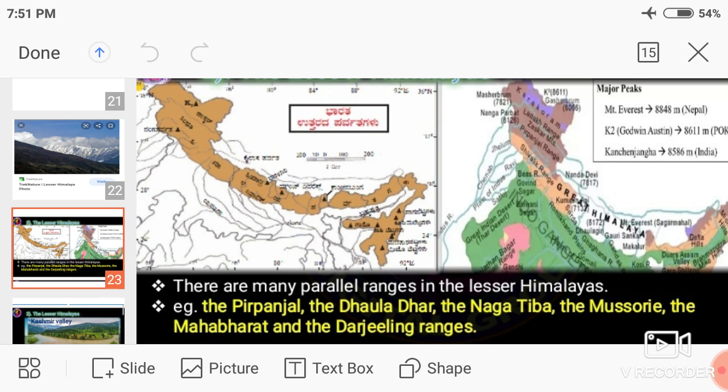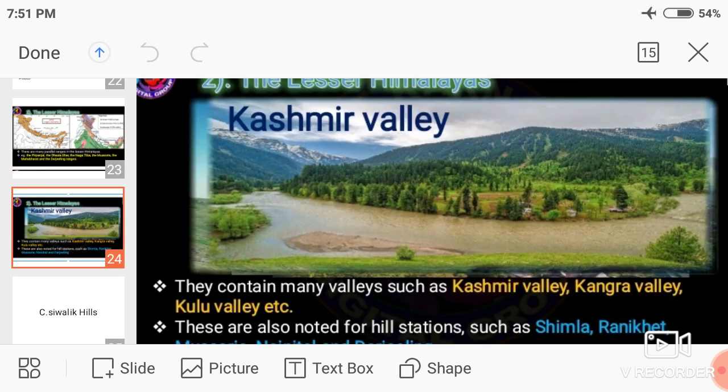For example, the Pir Panjal, the Dhauladhar, the Nag Tibba, the Mussoorie, the Mahabharat, and the Darjeeling ranges. These are the parallel ranges in the Lesser Himalayas. They contain many valleys such as Kashmir Valley, Kangra Valley, and Kullu Valley.